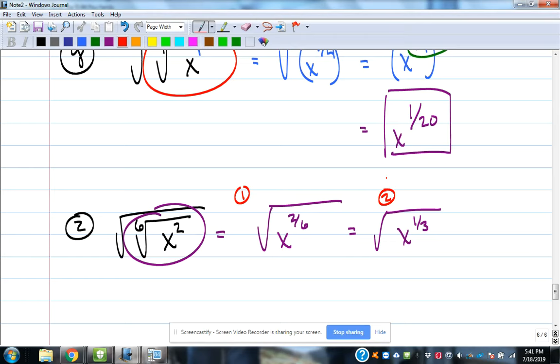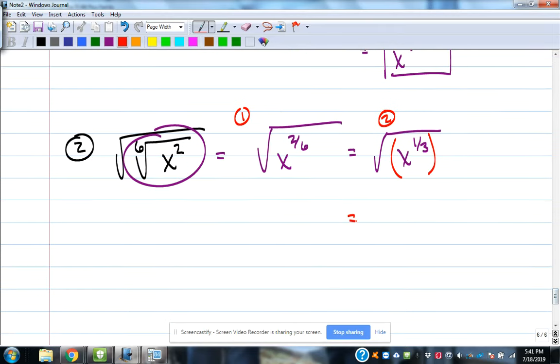Now, next thing to do would be to convert this from a radical into a rational exponent. So it'll be x to the 1/3 power raised to what power? 1/2, because it's a square root. It's got an index of 2, so that's a 1/2 power.